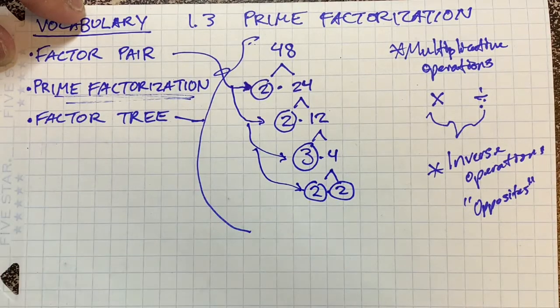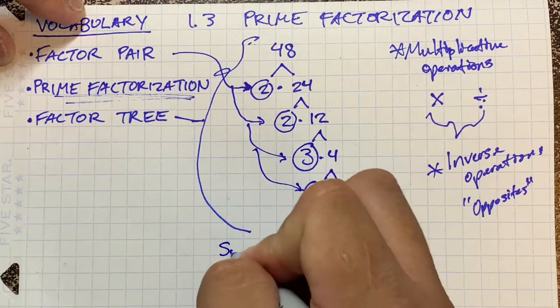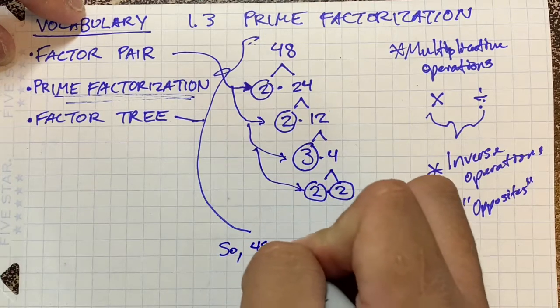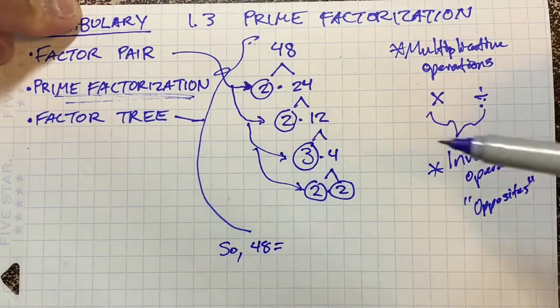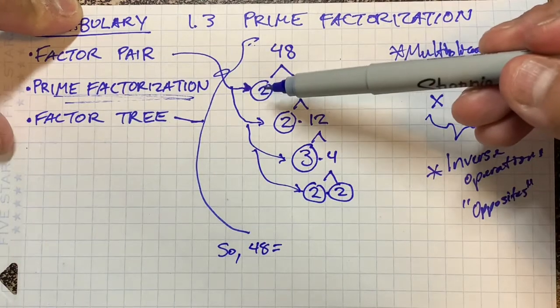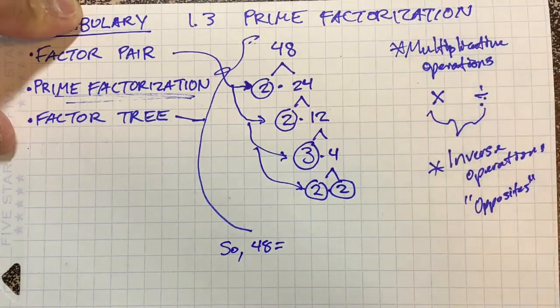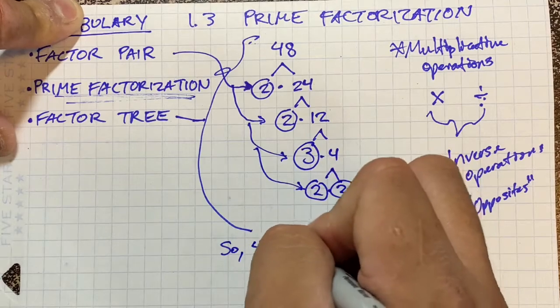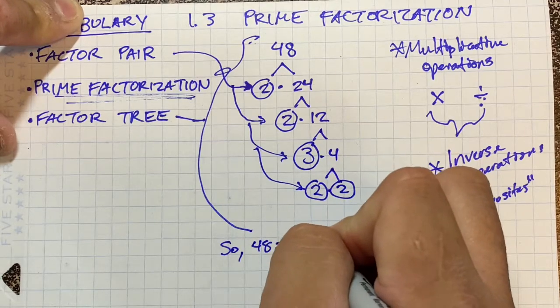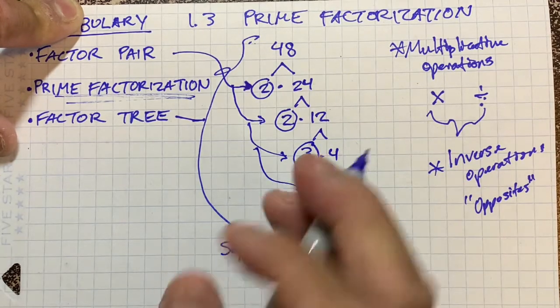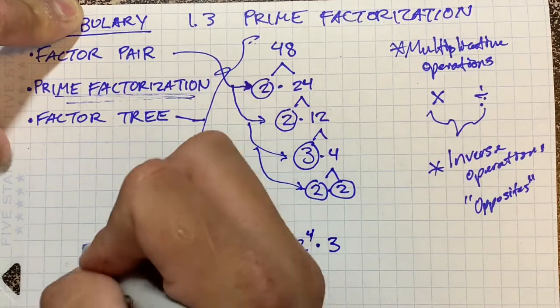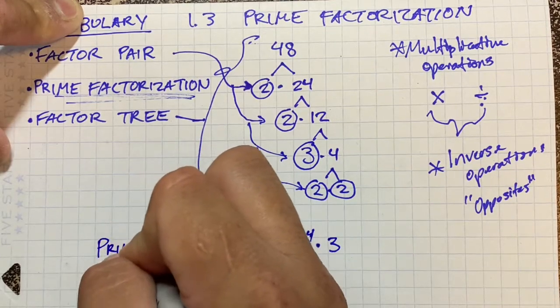Here's what I mean. So we can say that 48 is going to be equivalent to, counting the 2's, we have 1, 2, 3, 4. So 2 is our base number, 4 is the exponent, times, and then we have 1, 3. And this, my friends, is what we call prime factorization.